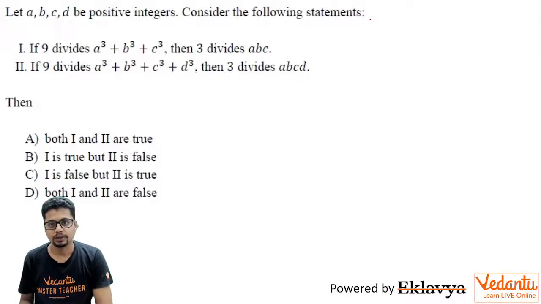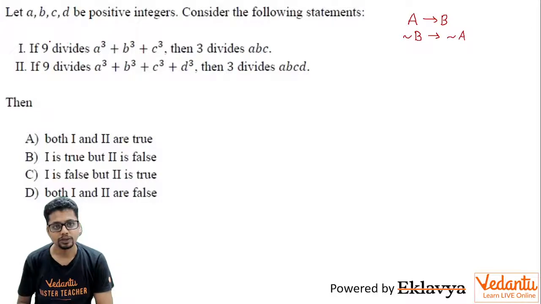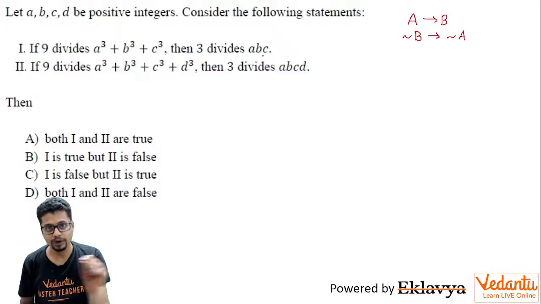Let's explore. Please try to understand first of all that the statement A implies B is equivalent to the statement not B implies not A. So for me to check whether statement 1 is true or not, where statement 1 is, if 9 divides a cube plus b cube plus c cube, then 3 divides abc, it is equivalent to check whether the following statement is true: if 3 does not divide abc, then 9 does not divide a cube plus b cube plus c cube.